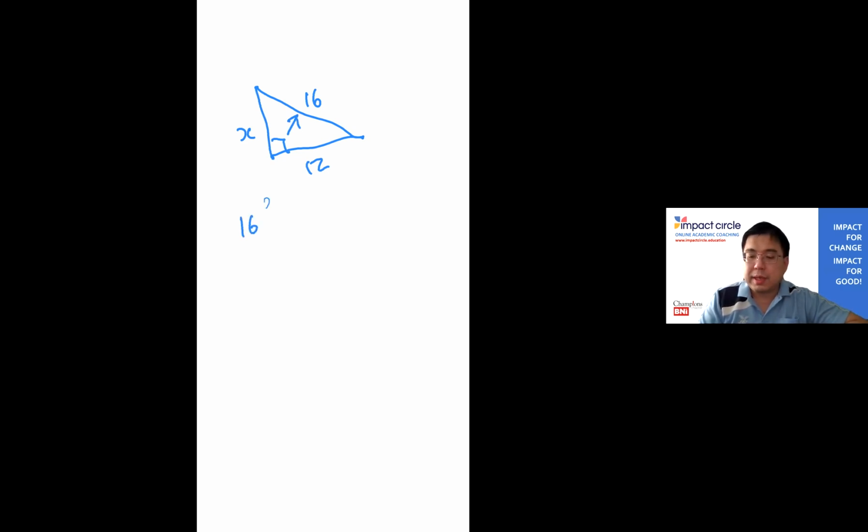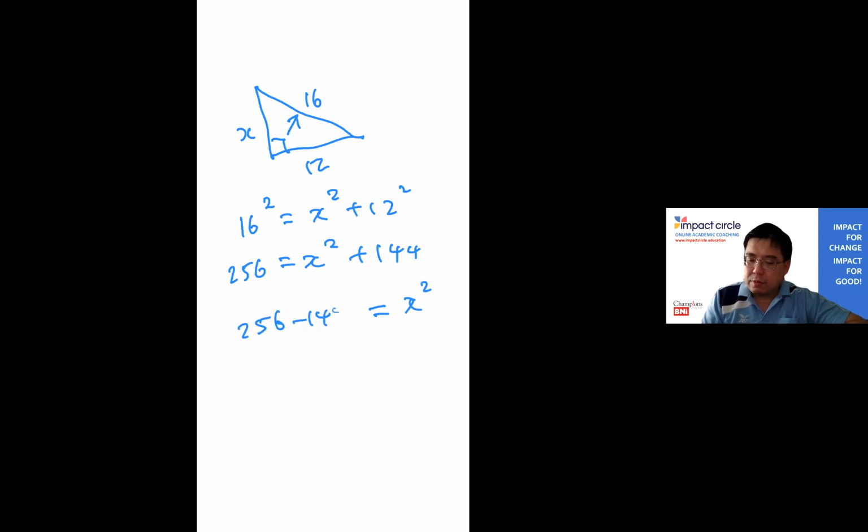So we put 16 by itself, and that will be equal to x squared plus 12 squared. Simplifying, we have 256 equals x squared plus 144, and then you subtract 144 on both sides, which will give you x squared equals 112.